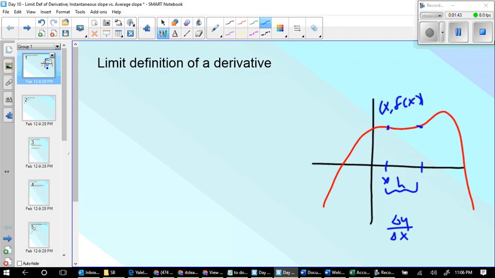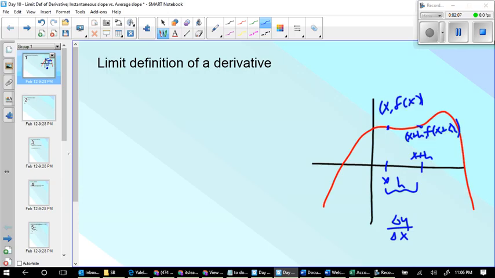If the first value is x, then this next value would be at x plus h. If x plus h is the x coordinate for this, the y coordinate would be f of x plus h.